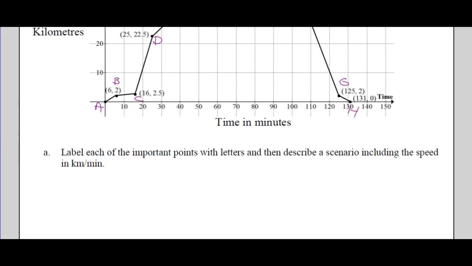Okay, so from A to B, we want speed. A to B is going to be the distance. You notice A will be 0, 0. So he's going a distance of 2 kilometers. So it's 2 minus 0 in 6 minutes, which is 6 minus 0, which is 2 over 6, or 1 over 3 kilometer per minute.